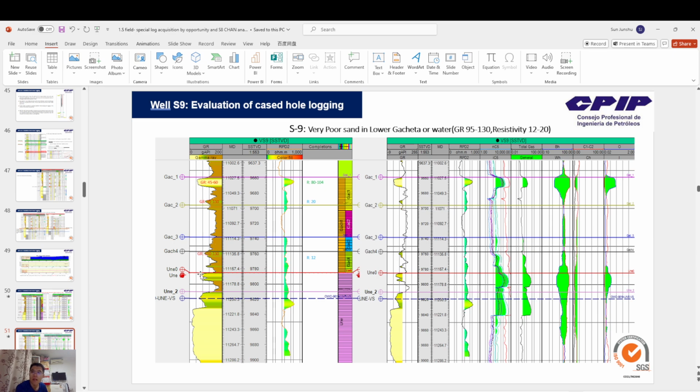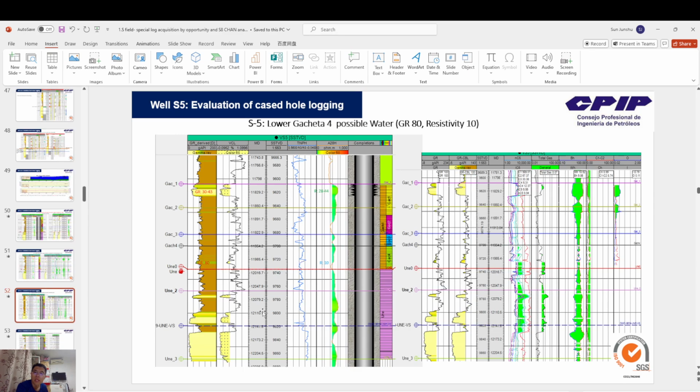Gogeta 4, the gamma ray 100 to 130, and the resistivity is very low, less than 20, around 12, very low. S5, in Gogeta 4, the gamma ray 80, but the resistivity is only around 10, could be water.